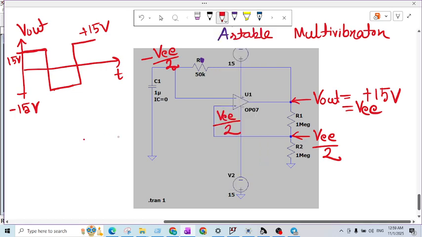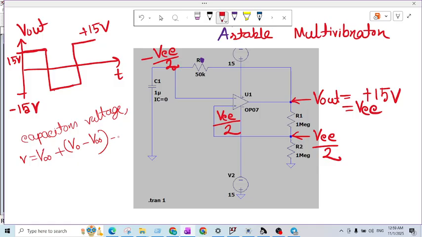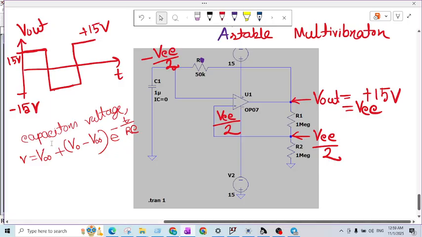Let me decrease the size. Okay, so now we know the formula for the capacitor's voltage. So capacitor's voltage, that is V, is actually V infinity plus (V naught minus V infinity) e to the power minus t by RC. Well, let me tell you what this formula is actually telling you.